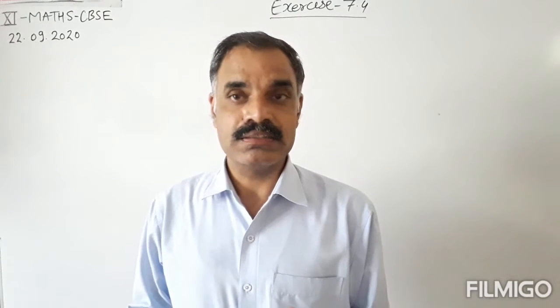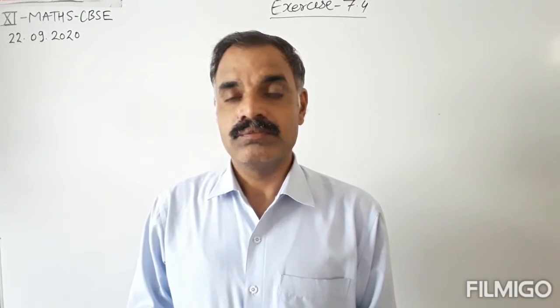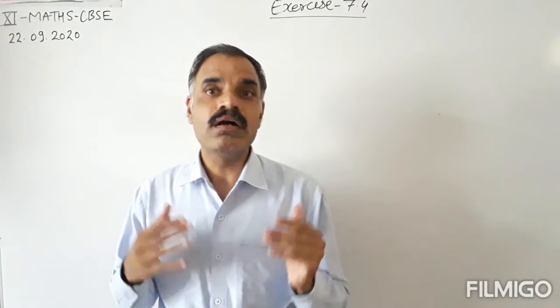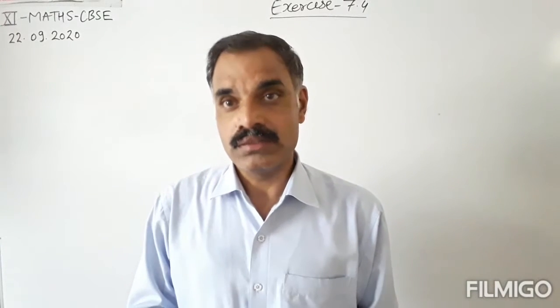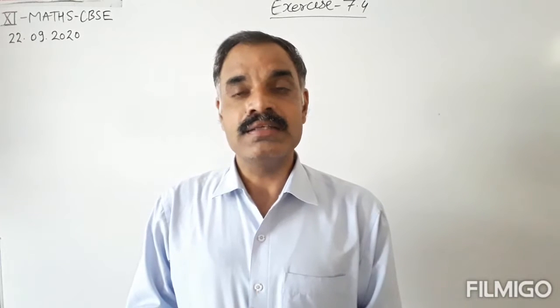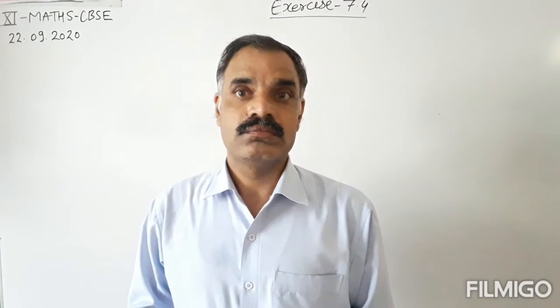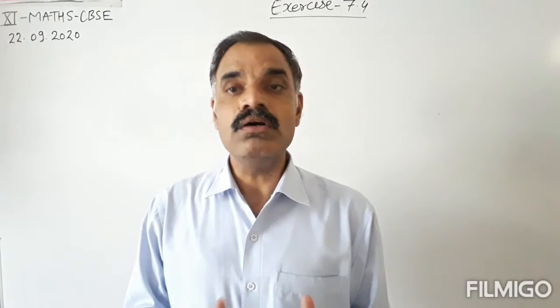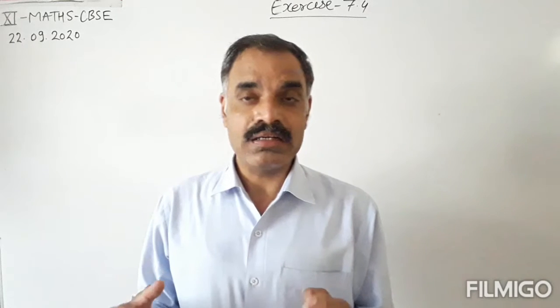Selection means where order does not matter. Where order does not matter, we will use the combination. Means we will use the selection. And nCr equals n factorial upon (n minus r) factorial into r factorial.